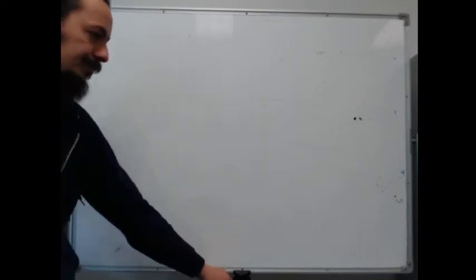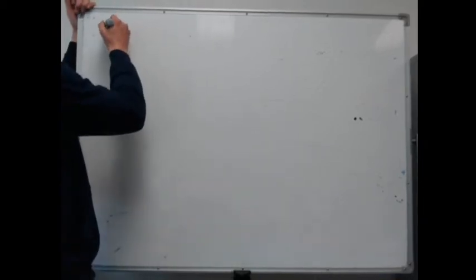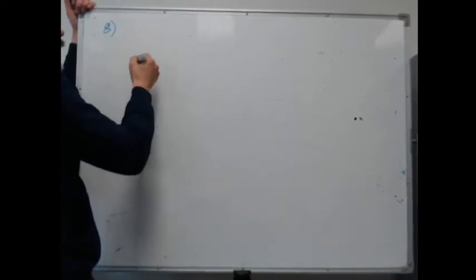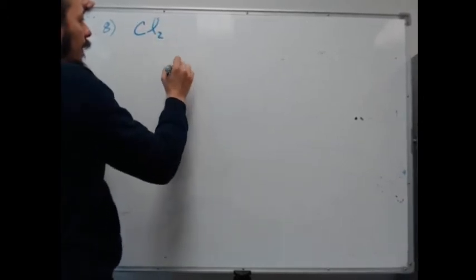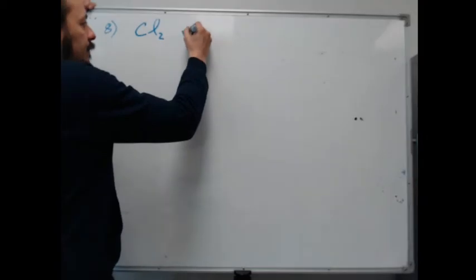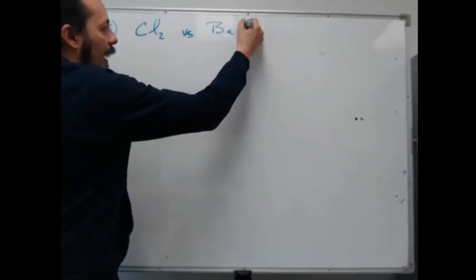Homework questions? Number 8. Explain the significant difference in the meaning of Cl2 in barium chloride and in chlorine gas.